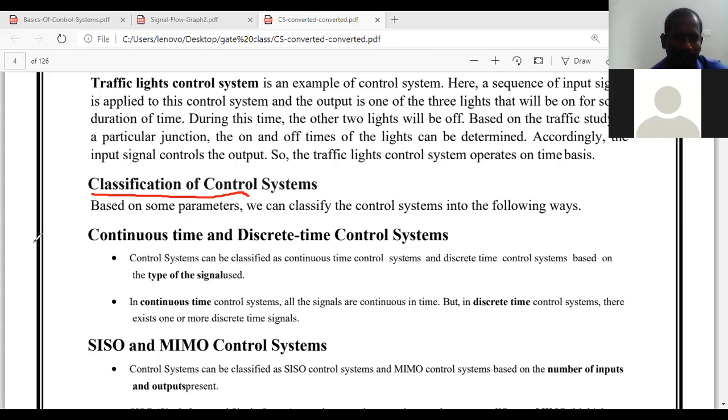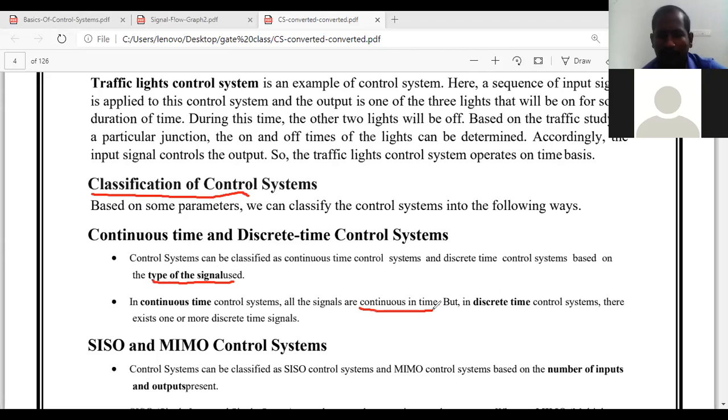Here you see continuous time and discrete time control systems. One of the types is continuous time and discrete time control system. A control system can be classified as a continuous time control system or a discrete time control system based on the type of input used. In a continuous time control system, all the signals are continuous in time, that is a sinusoidal way.